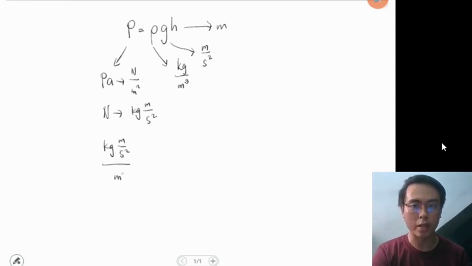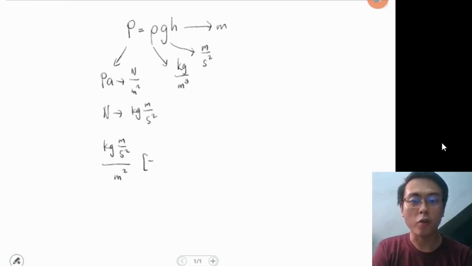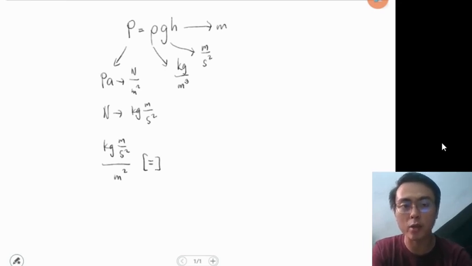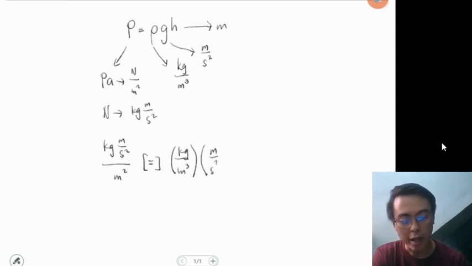That is the decomposed units for pascals. If we are talking of units, we don't use the equal sign alone. We use the equal sign with brackets to designate that we are comparing units. The density, or the rho, is kilogram per cubic meter. G is meter per second squared. And then h is meters.